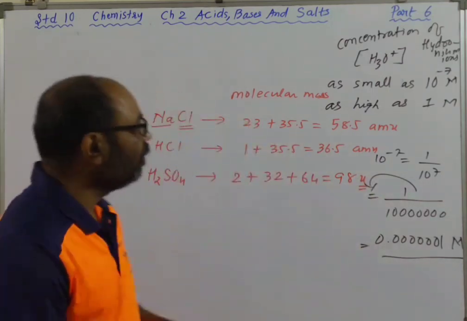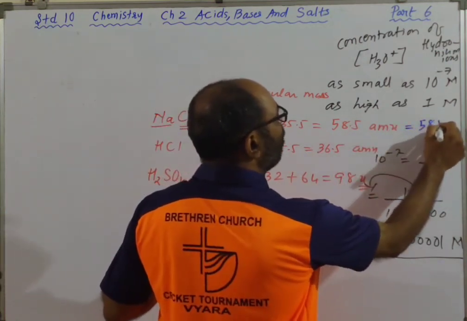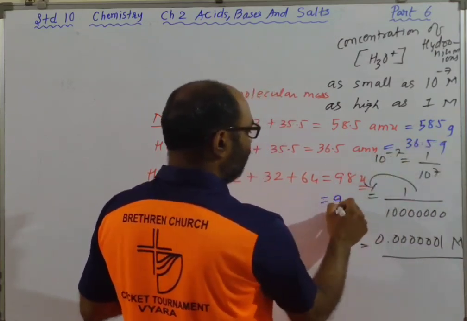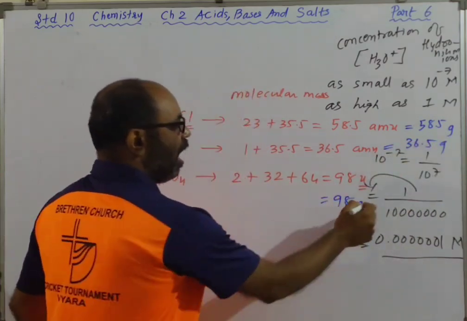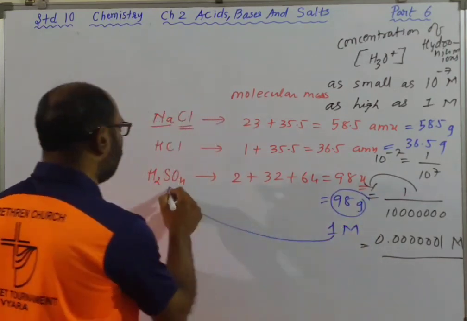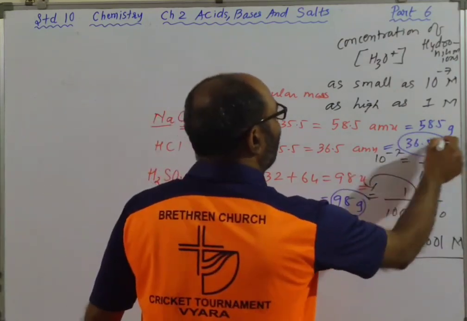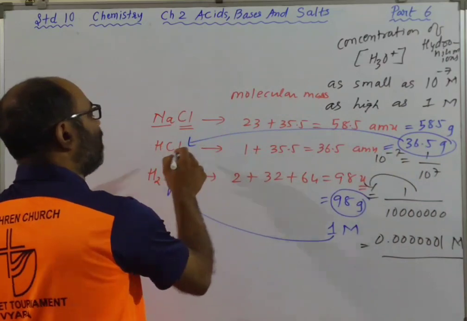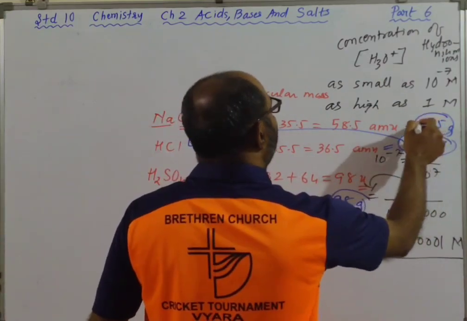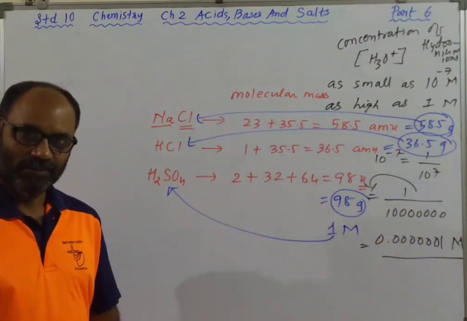Children, if you convert this in gram, 58.5 gram, this 36.5 gram, and this 98 gram. If you convert to gram, you can say that is 1 mole of sulfuric acid. 36.5 gram is 1 mole of hydrochloric acid. 58.5 gram is 1 mole of sodium chloride, common salt.